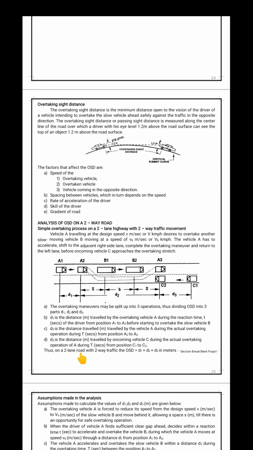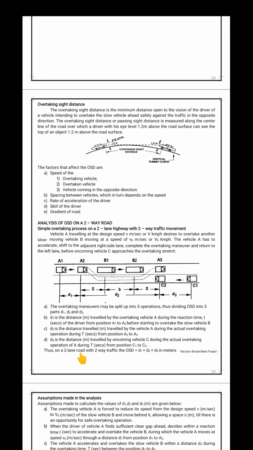It desires to overtake another slow moving vehicle B, moving at a speed of VB meters per second or VB kmph. Here V is higher than VB, because B is the slowly moving vehicle, and A is the vehicle running faster than B.